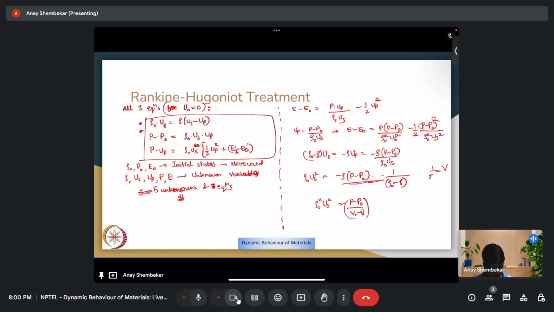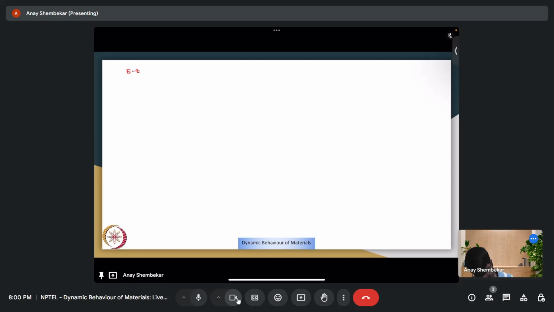And if you substitute this equation back into this equation, you end up getting E minus E naught is P times (P minus P naught) into (V minus V naught) minus V upon (P minus P naught) minus half (P minus P naught) whole squared (V naught minus V), which gives E minus E naught is equal to half of (P plus P naught)(V naught minus V).